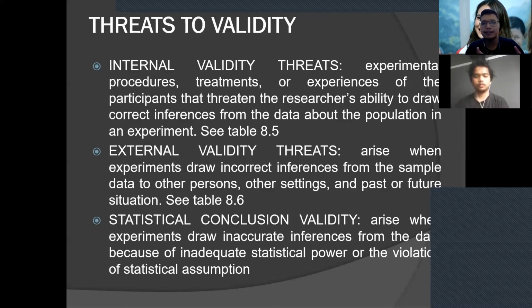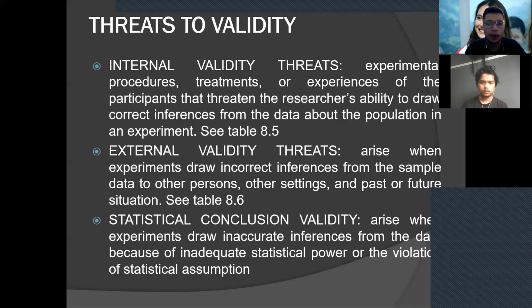External validity threats arise when the experimenter draws incorrect inferences from the sample data to other persons, other settings, and past or future situations. And the last one, statistical conclusion validity threats, arise when experimenters draw inaccurate inferences from the data because of inadequate statistical power or the violation of statistical assumptions.